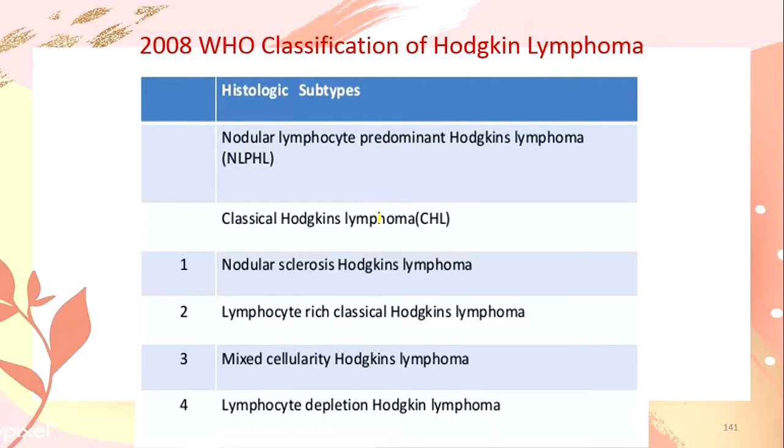Hodgkin lymphoma is divided into classic type and nodular lymphocyte predominant type. It is called NLPHL, and the category of classic Hodgkin lymphoma includes nodular sclerosis, lymphocyte rich classic Hodgkin lymphoma, mixed cellularity, and lymphocyte depleted.